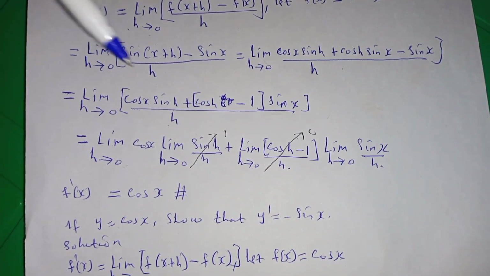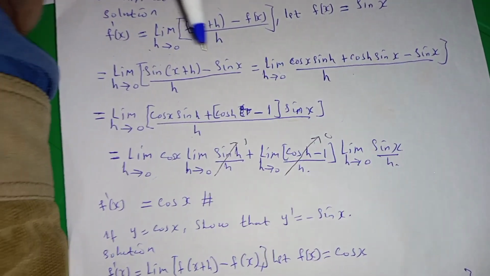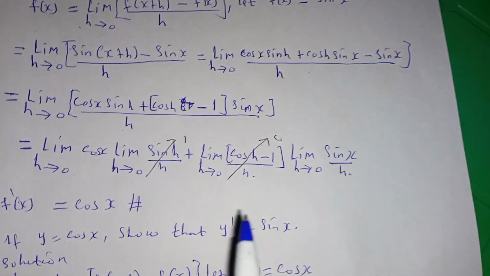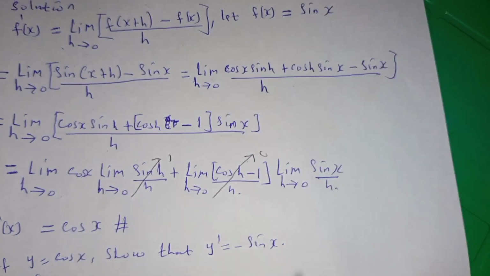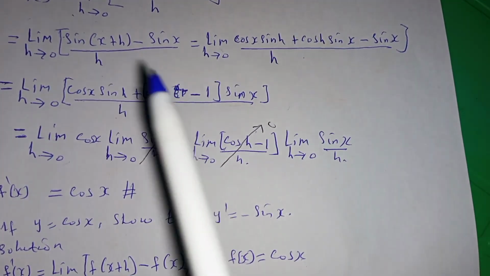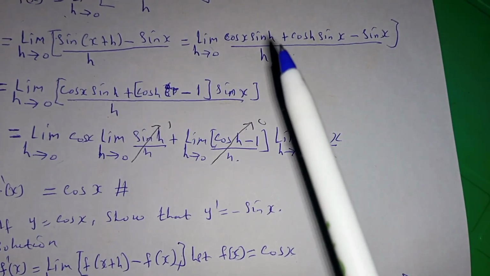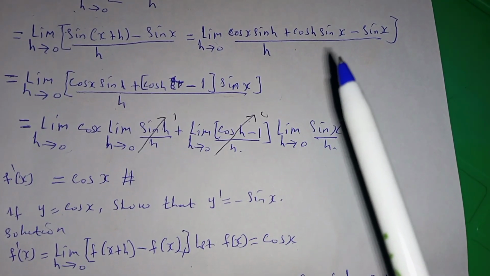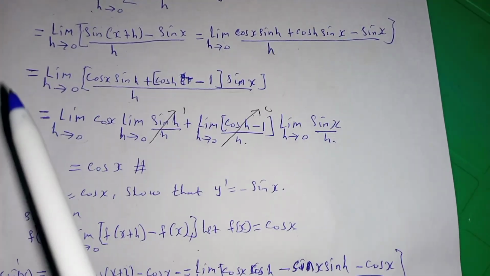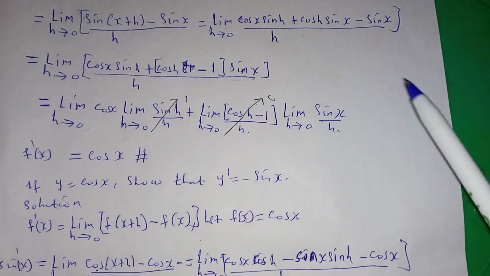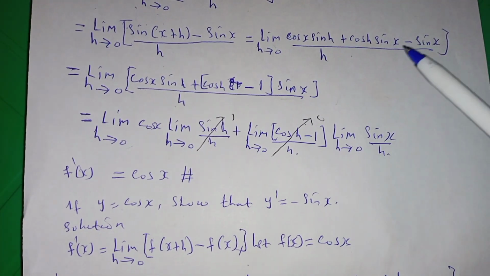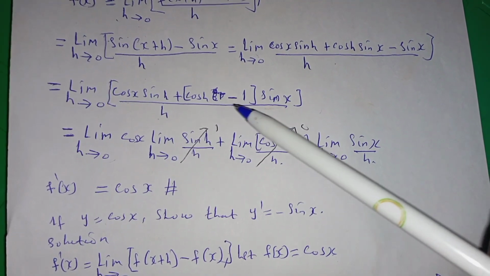You put the limit, then you use the trigonometric sum rule, which tells us that sin of x plus h is sin x cos h plus cos x sin h, minus sin x. Then you put it over h there. Then you factor sin x here to be left with cos h minus 1.